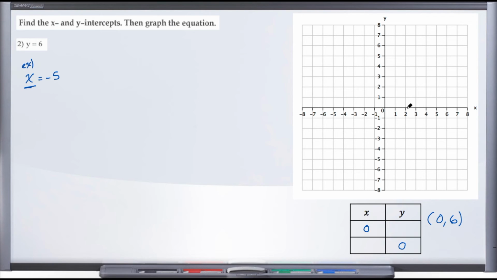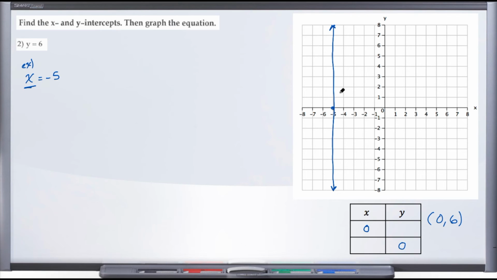Here's my x-axis, the axis running horizontally. So I'm going to go to -5, plot my point, and then connect that point to a hopefully somewhat straight vertical line going up and down.